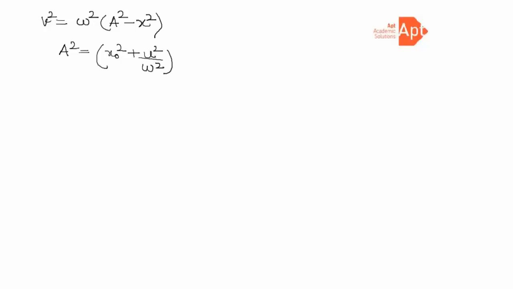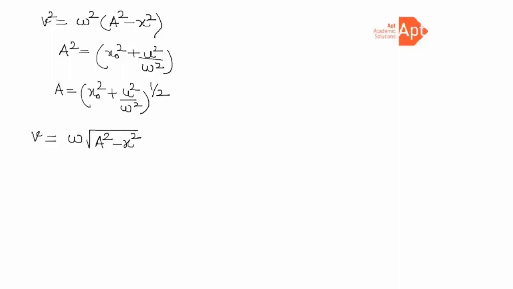Now a will be written as x naught square plus u square by omega square, whole power 1 by 2. So we have this velocity v as omega root of a square minus x square. This is the velocity of the particle performing simple harmonic motion about its mean position.